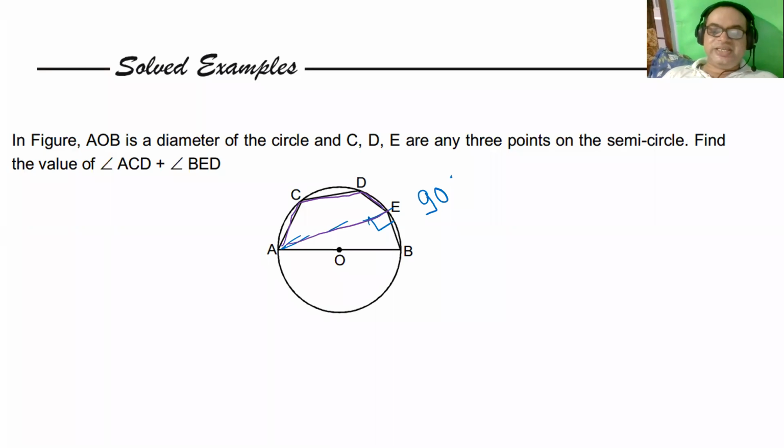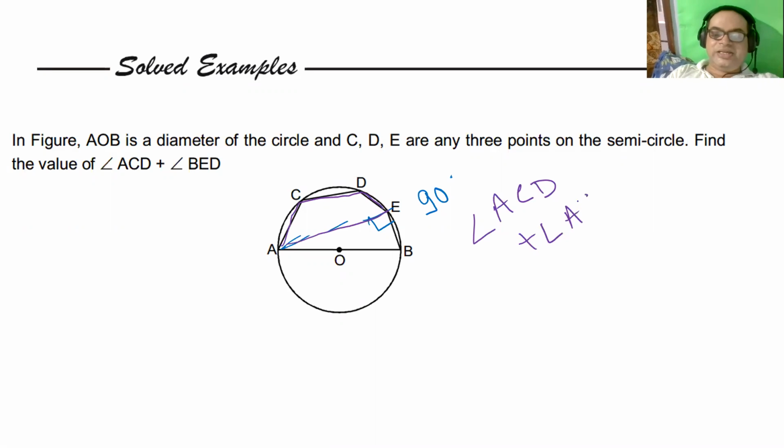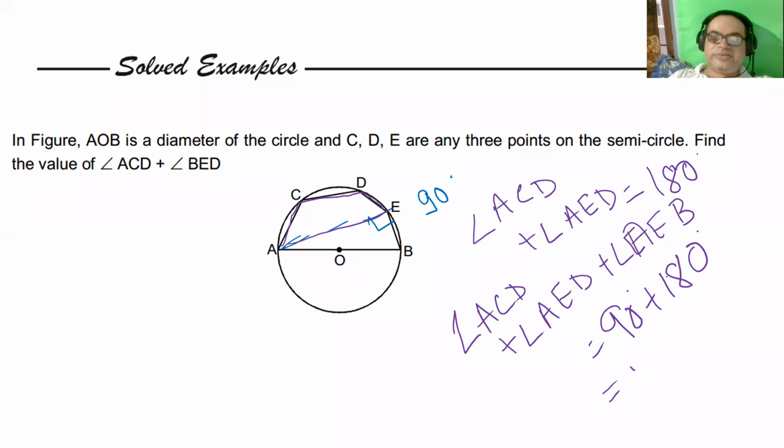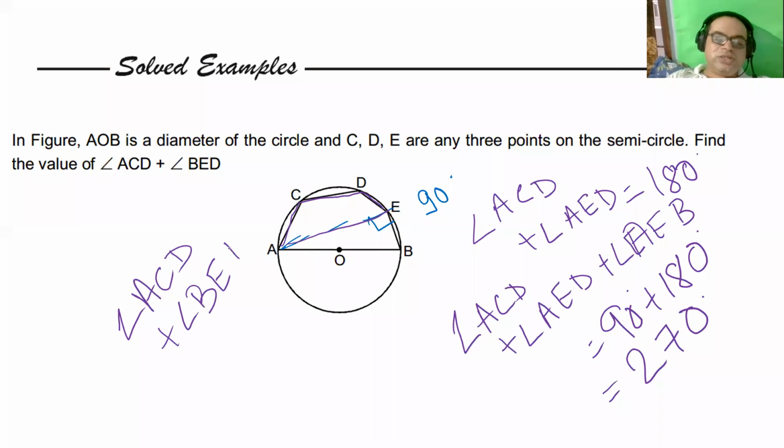Now when ACDE is a cyclic quadrilateral, it will mean that angle ACD plus angle AED will be equal to 180 degrees, and now it will be angle ACD plus angle AED plus angle AEB will be equal to 90 degrees plus 180 degrees, which is nothing but 270 degrees.